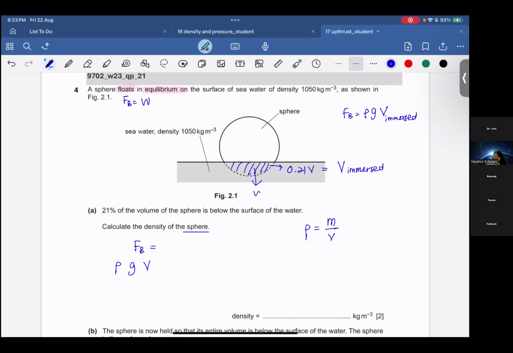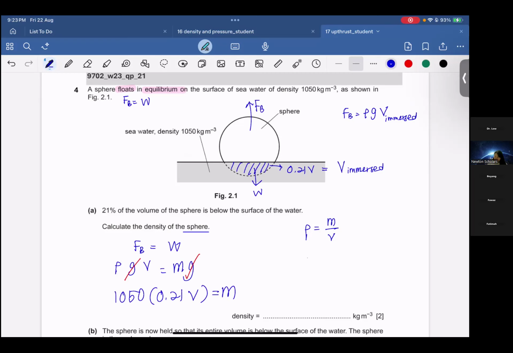So this one going down is the weight. Going up actually is the buoyant force. mg. g and g can be cancelled. So at the end, 1050, the volume is 0.21 V equals your mass m.